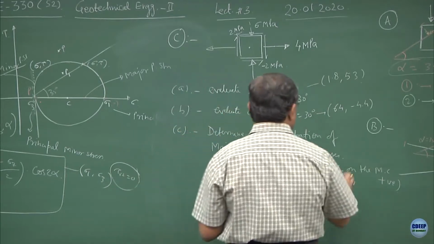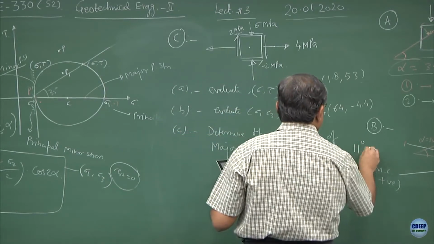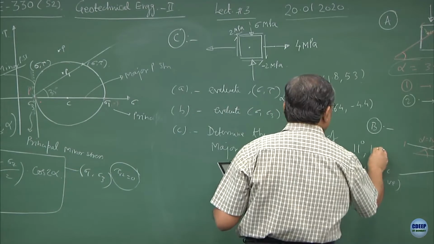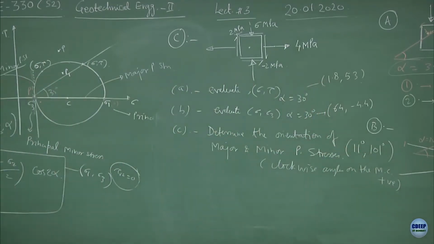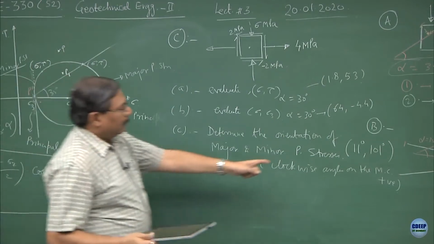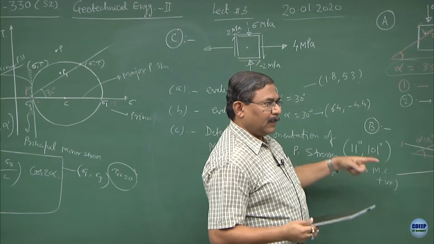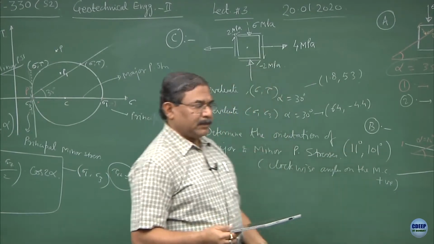So, you will be getting this as 11 degree and 101. I hope you will realize that the two planes are always inclined at 90 degree mutually. So, 11 plus 90 would be 101, they are perpendicular planes, clear, sigma 1 sigma 3.